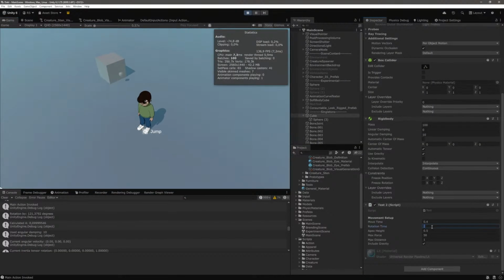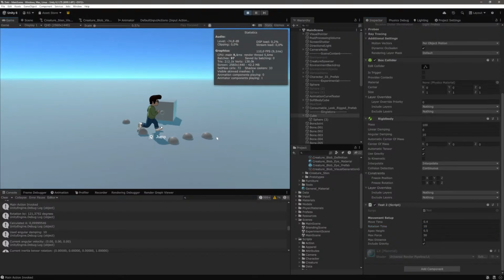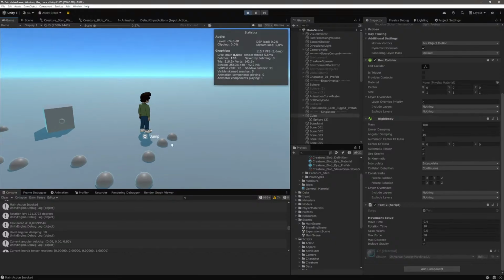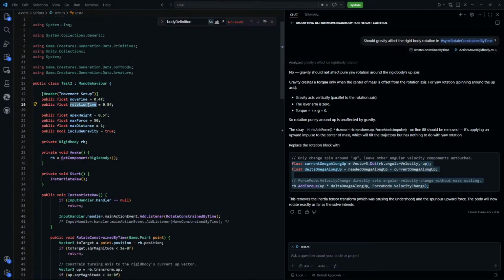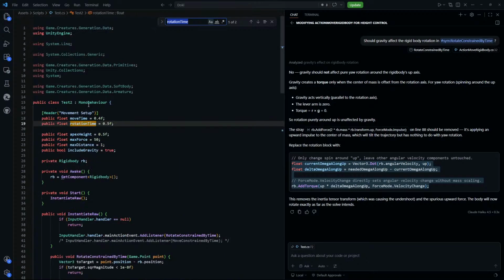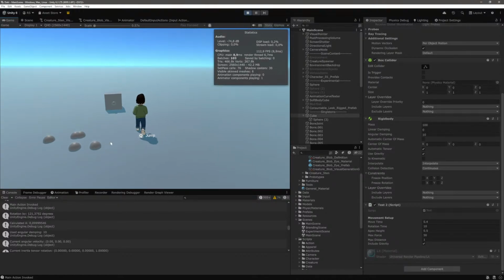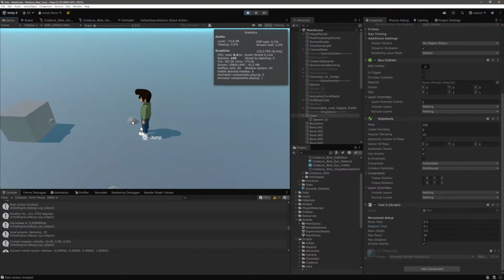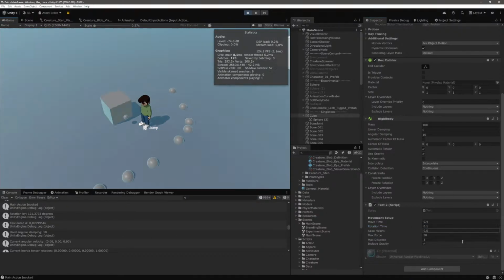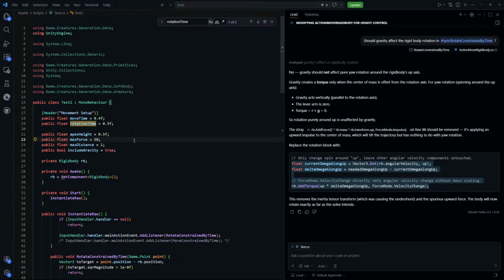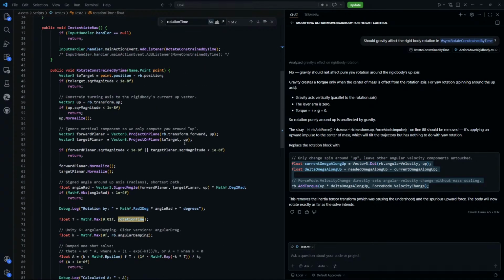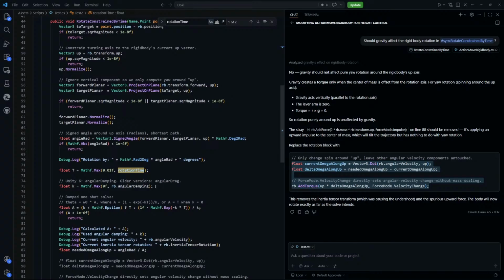Rotation time 10. Not really seeing a difference here nor here.